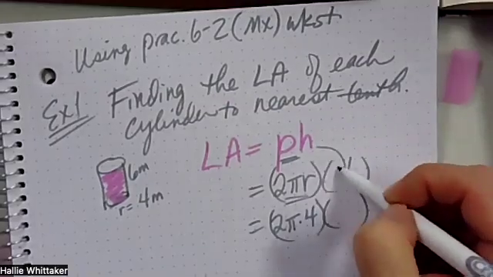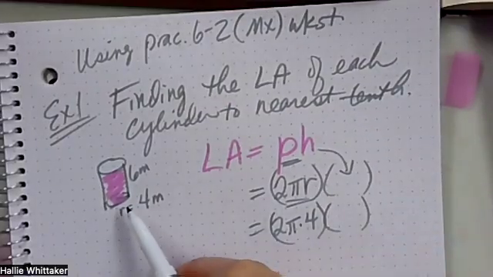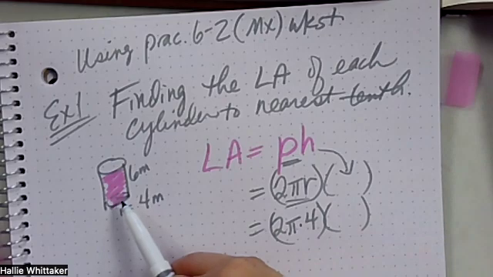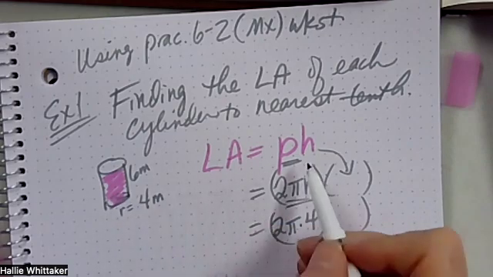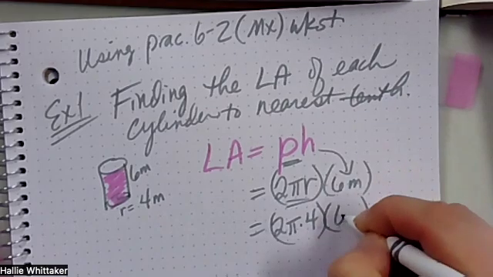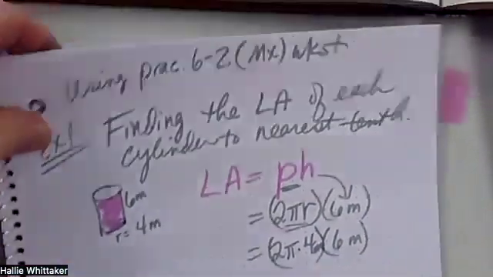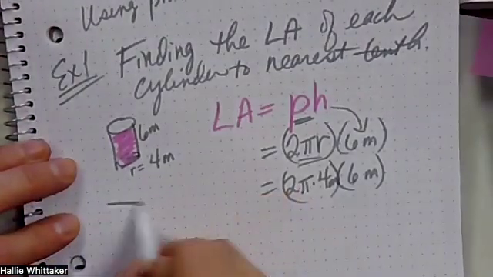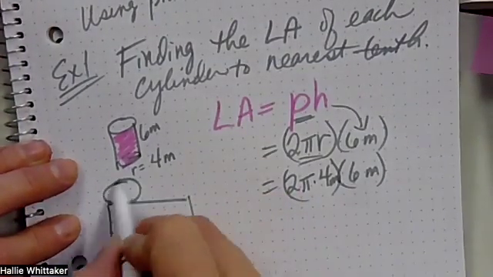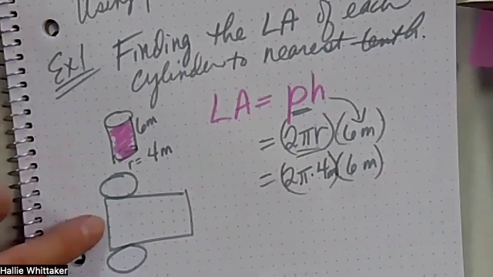Okay. Now what's the height of this one? You got 6 meters. And these are meters too. Okay. Now I did not explain this well. I feel like I'm butchering this lesson. For a cylinder, if you did a net for it, it's going to look like that, right?